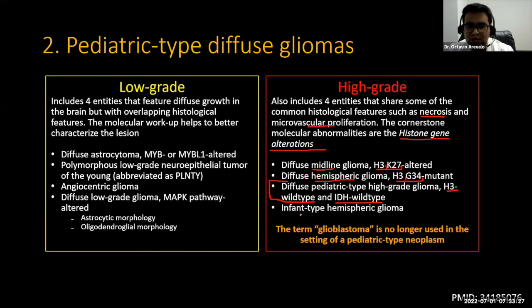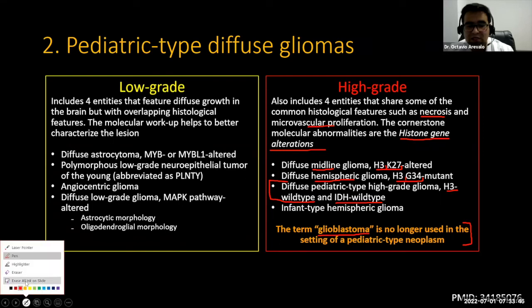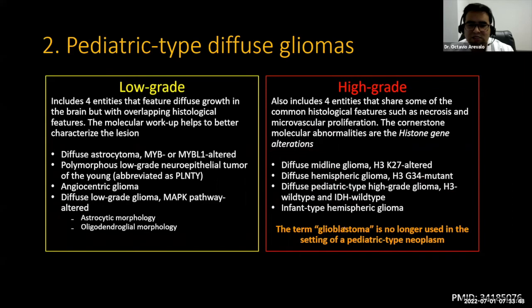And then we have an infant type hemispheric glioma, which is very aggressive as well. So the term glioblastoma is no longer used in the setting of a pediatric type neoplasm. And again, it will take some time while this classification permeates the clinical practice in our countries, but it's good that you guys understand what the changes are.